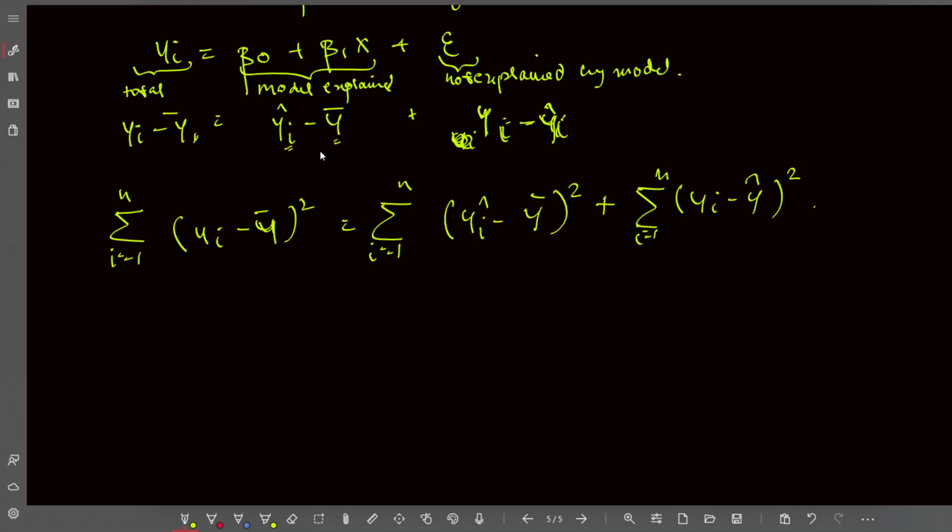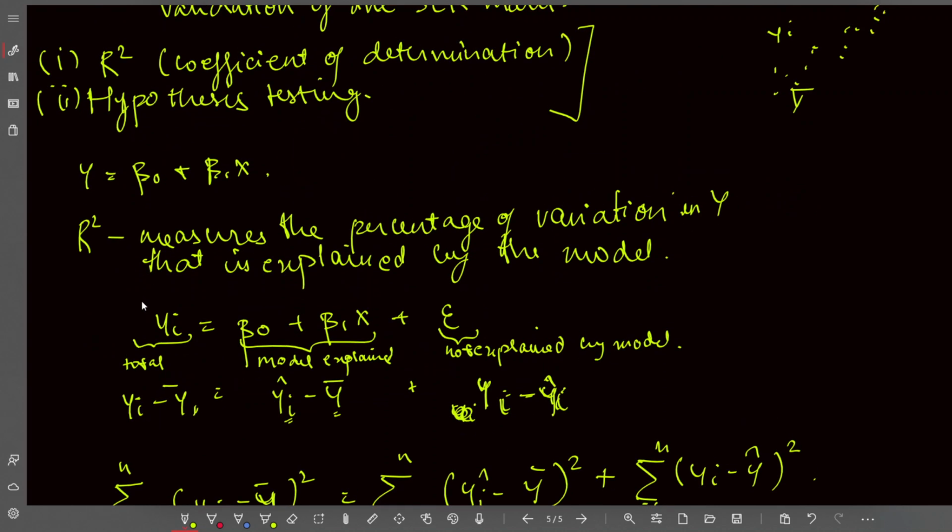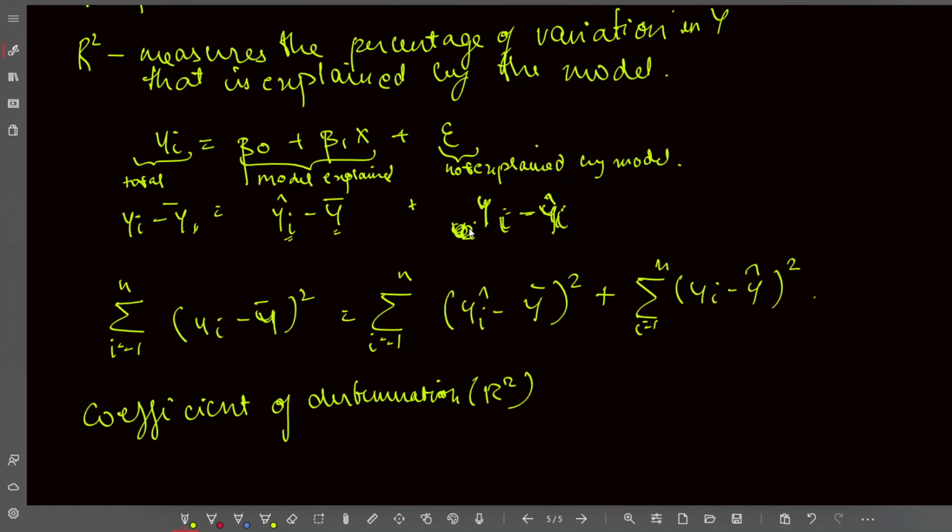So the coefficient of determination, which is R square, is basically, now let's come back to this definition. It measures the percentage of variation in y that is explained by the model.